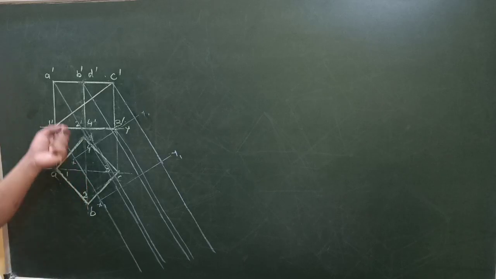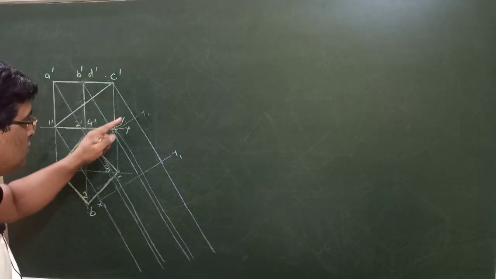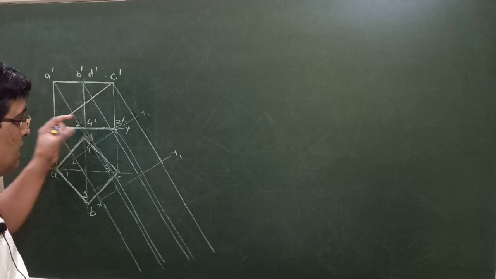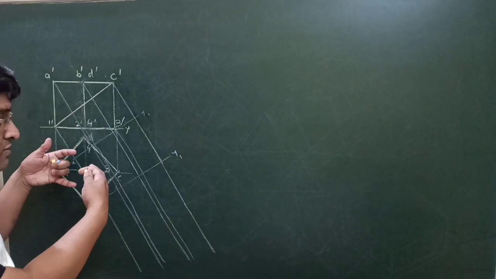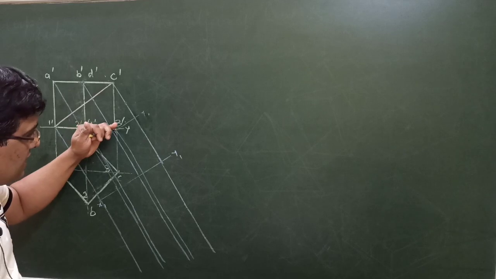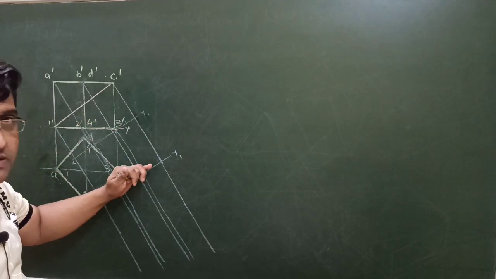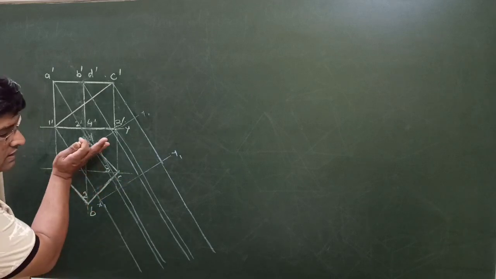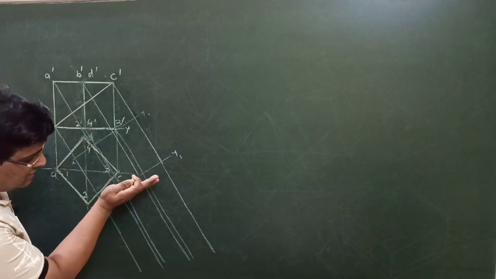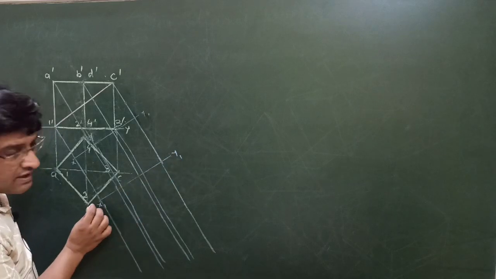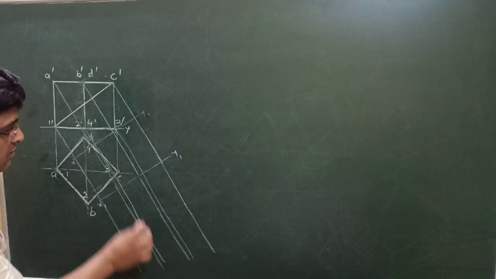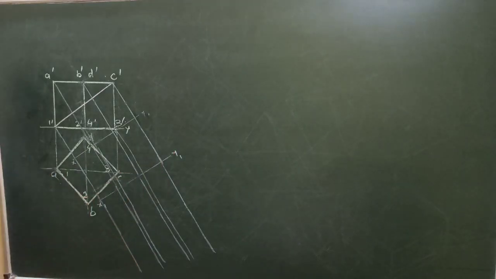Then we have to draw perpendicular lines on this X1 Y1, but because there is intermixing of the diagrams here, we can take this line at a suitable, convenient distance. So I have redrawn this X1 Y1 here at some distance and extended the perpendicular lines on this X1 Y1.